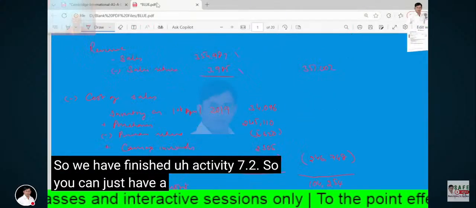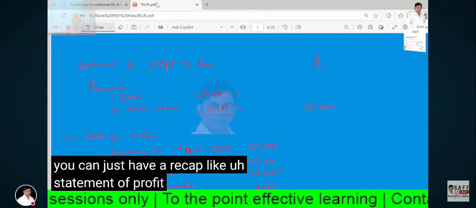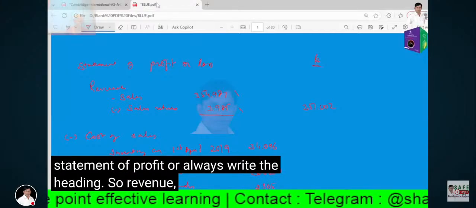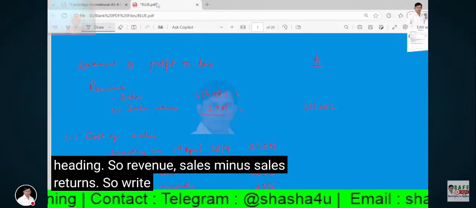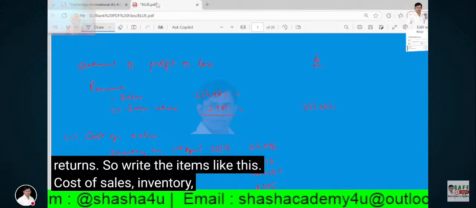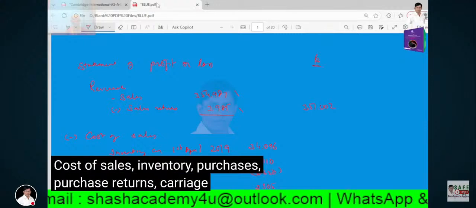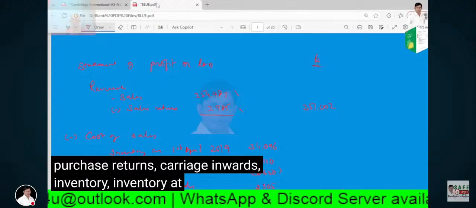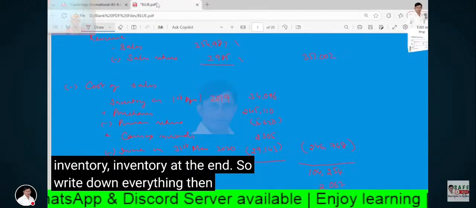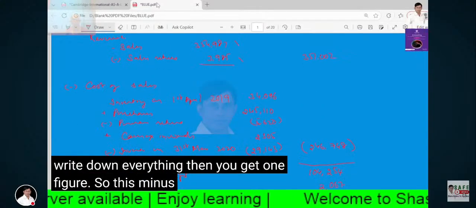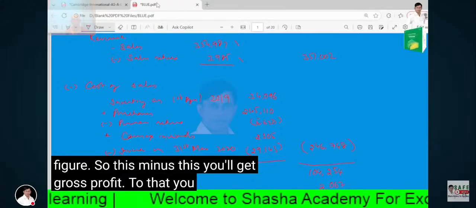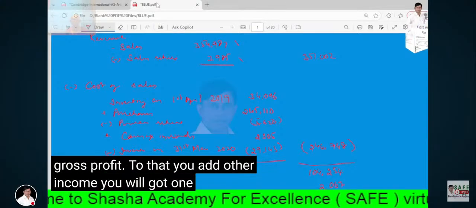So we can just have a recap of the statement of profit or loss. I always write the heading. So revenue, sales minus sales returns. Then write the items for cost of sales: inventory, purchases, purchase returns, carriage inwards, inventory at the end. So write down everything, then you get one figure. So this minus this will get gross profit. To that you add other income, you will get one value.